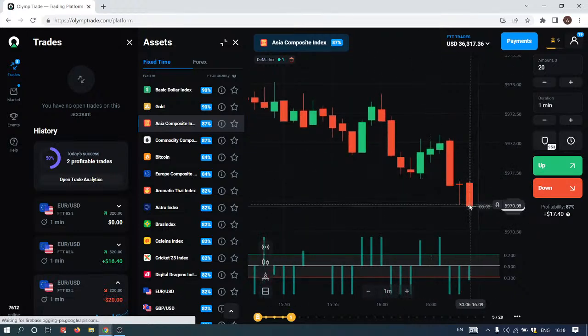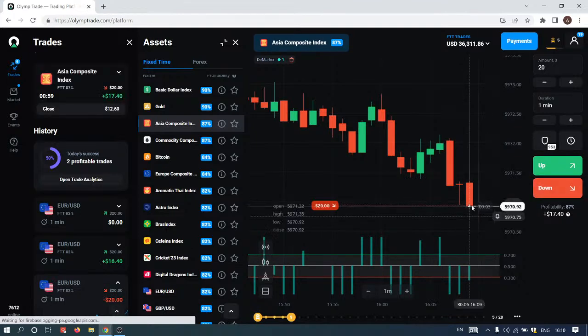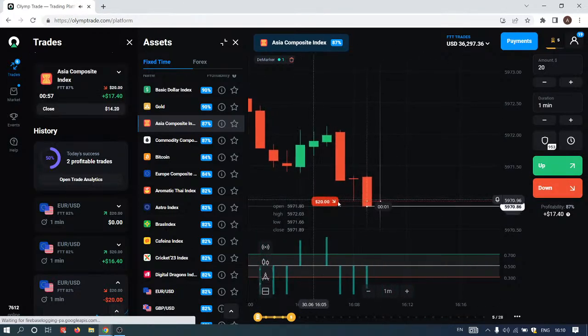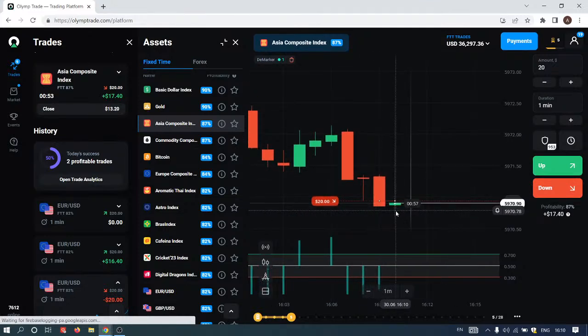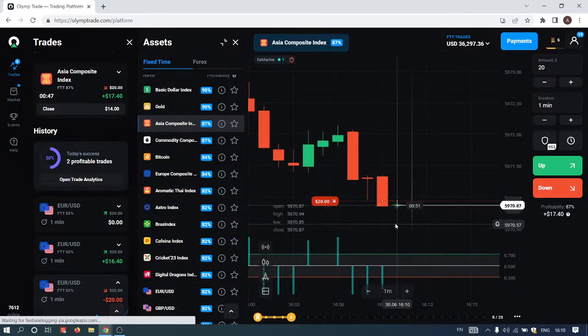All right, so do we have it? We have a signal? Okay. The first signal here, and now all eyes on this current candlestick. Let's see in which direction we are going to see this next bar.